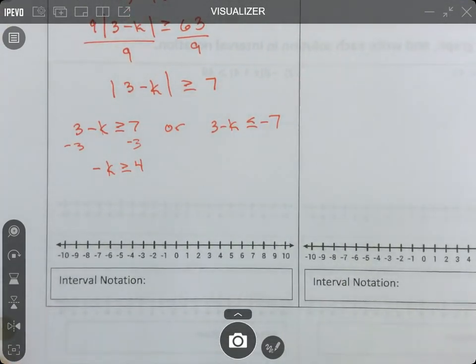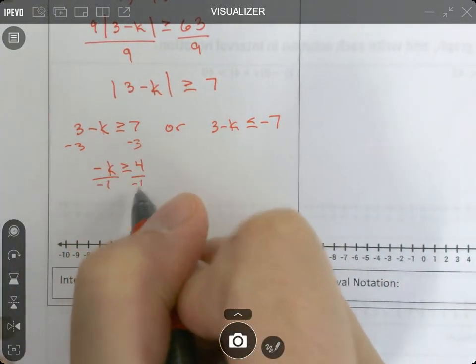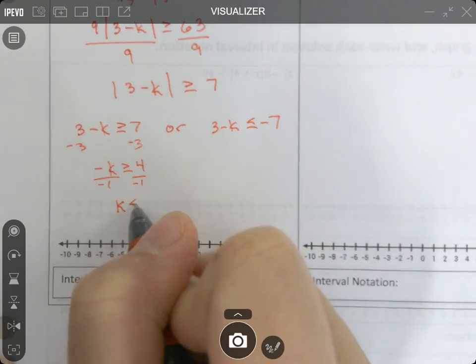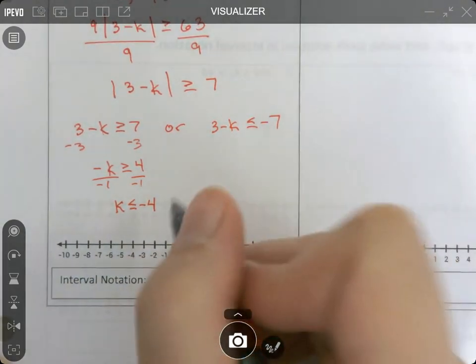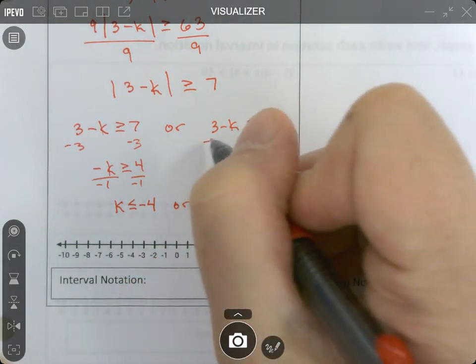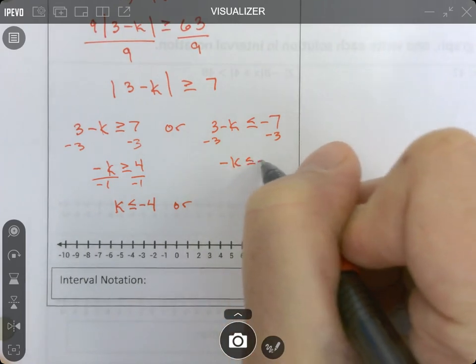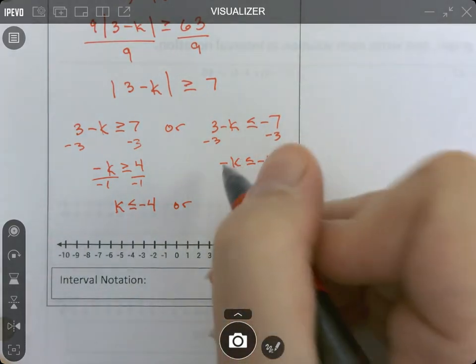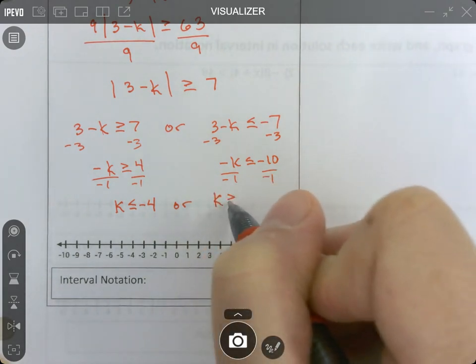Are we good? Okay, divide by negative 1, divide by negative 1. K is less than or equal to negative 4. Or subtract 3, negative k is less than or equal to negative 10. I'm going to divide by negative, so k is greater than or equal to 10.